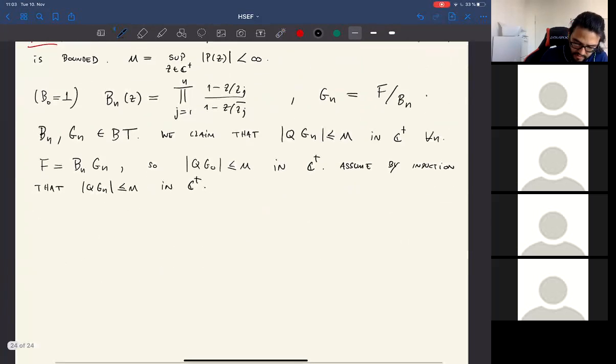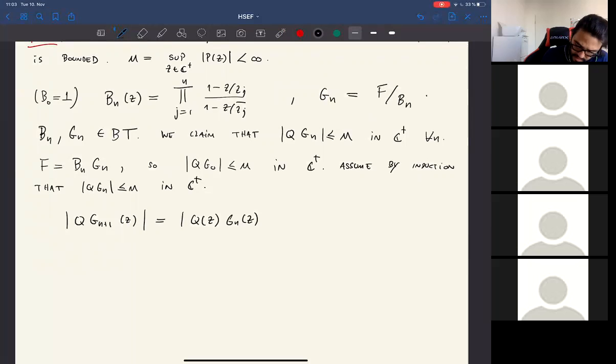Now we show that the same is satisfied for n plus 1. So if I do QGN plus 1 and evaluate at some point Z, well, this is exactly just Q. By the way, this thing is defined. I just remove one factor.